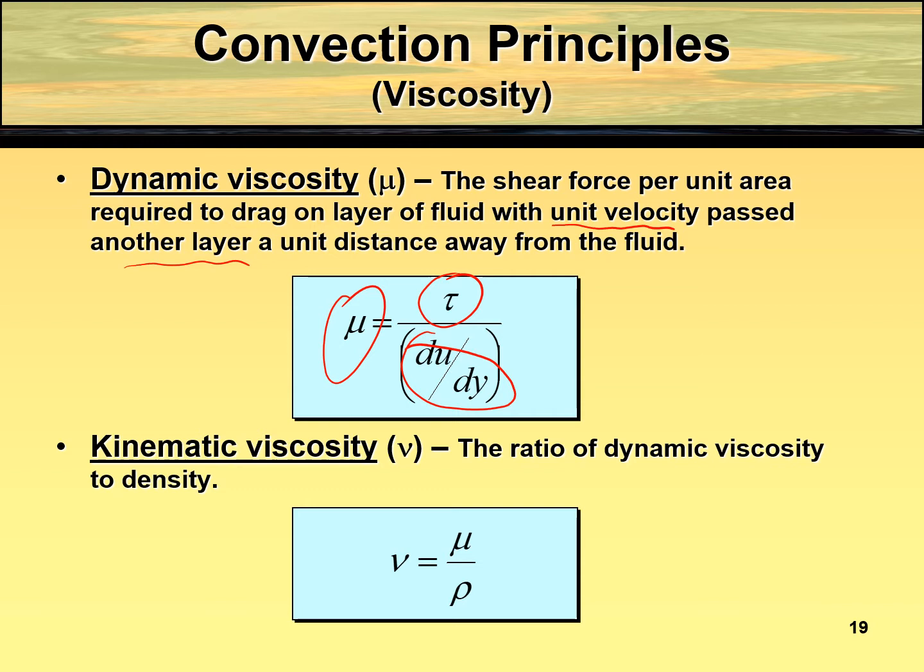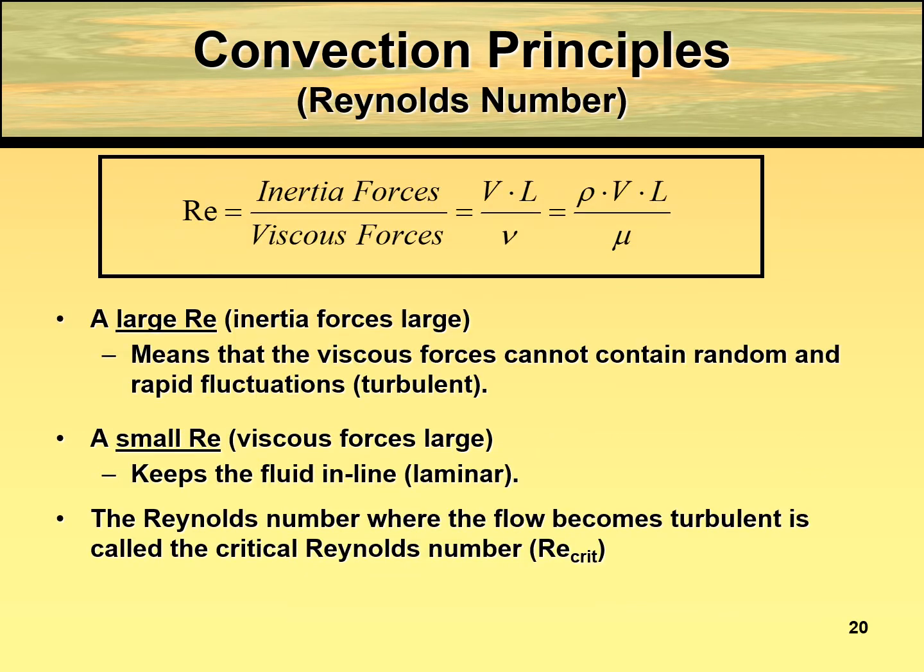The kinematic viscosity is the ratio of the dynamic viscosity to the density. So a larger density with a similar value of dynamic viscosity will reduce the kinematic viscosity, or vice versa.